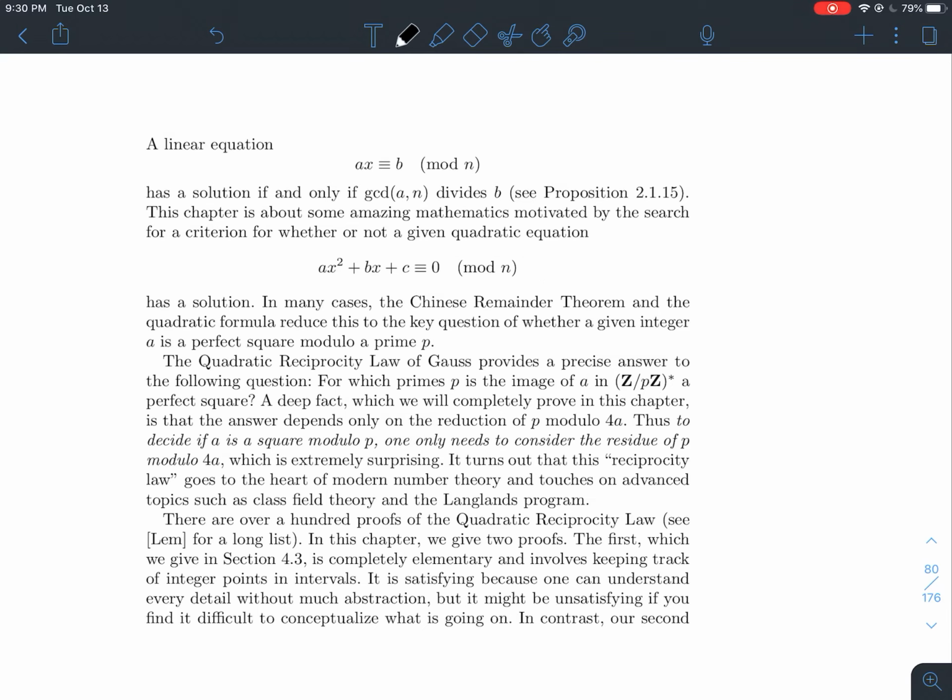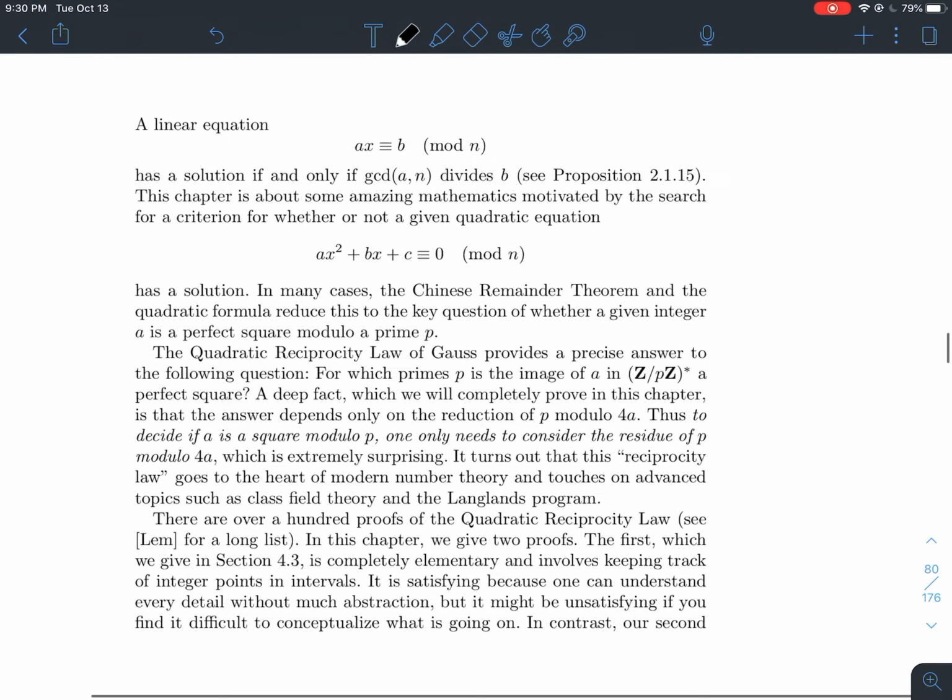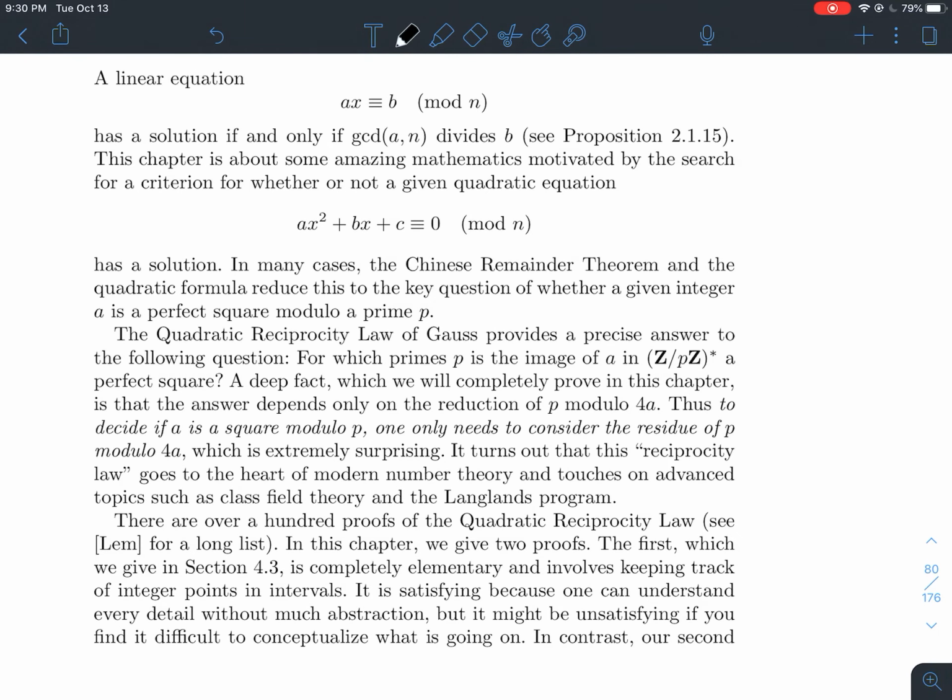So the key question of whether a given integer a is a perfect square modulo p will tell me a whole lot. Maybe it's not necessarily a, I might have lied to you there, but it'll tell me a whole lot about the solutions to this quadratic congruence up here.